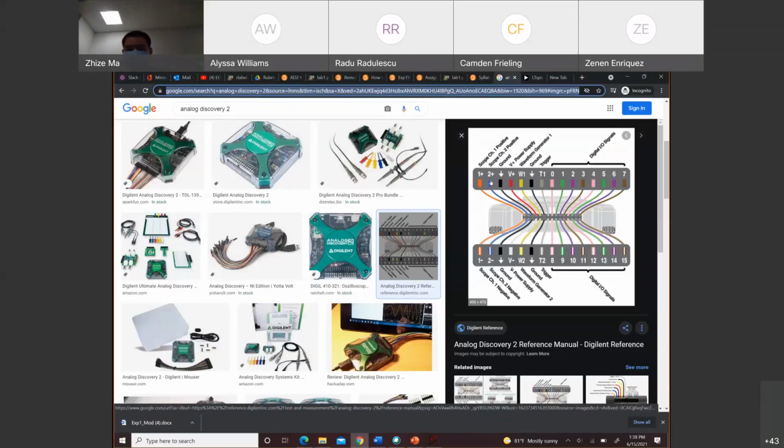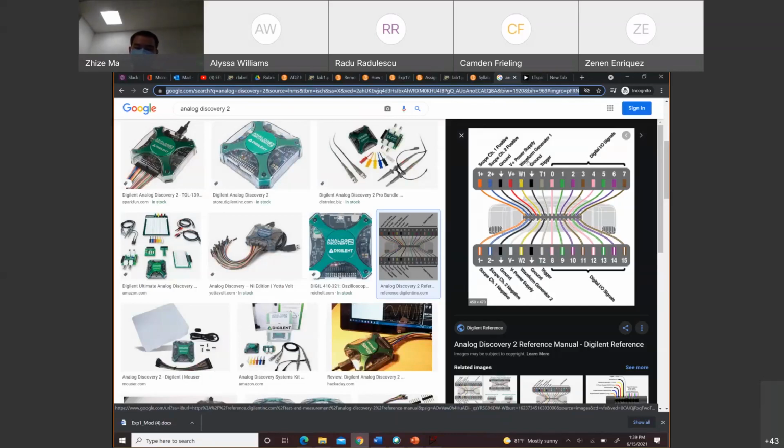For this class, most of the time you will use the left part. For today's lab, you will only use the power supply. The V plus and the V minus are your power supply, which provides DC power. Next week, we will do some AC power, which comes from W1 and W2.